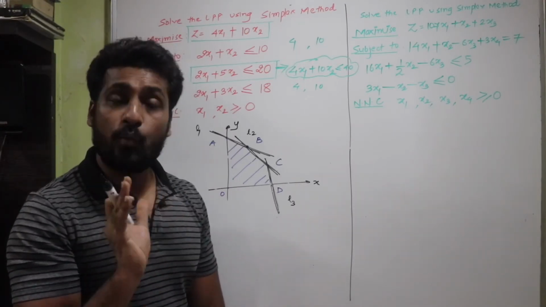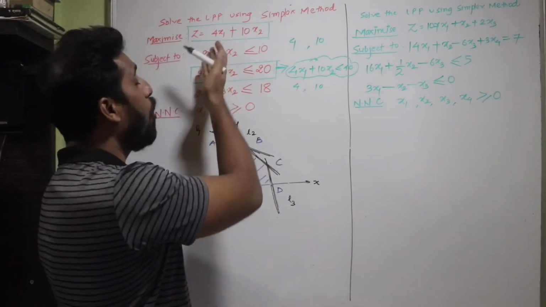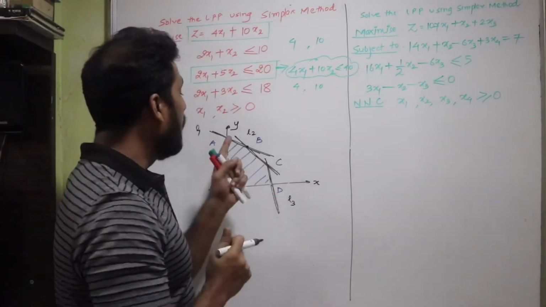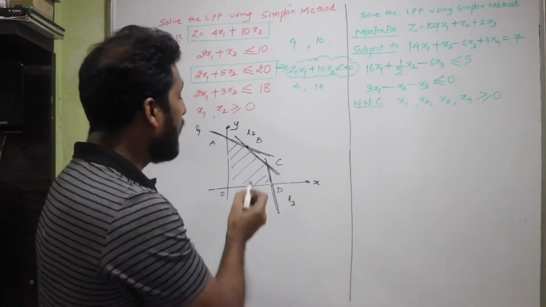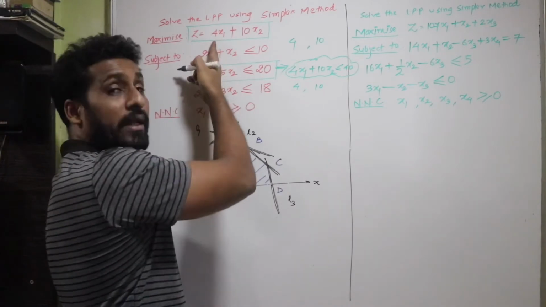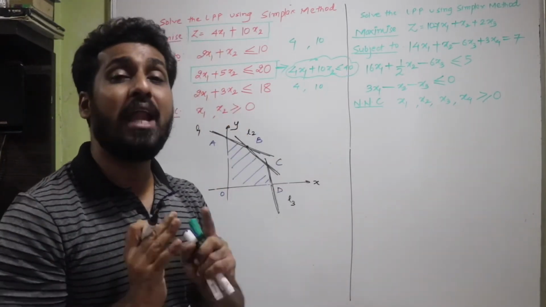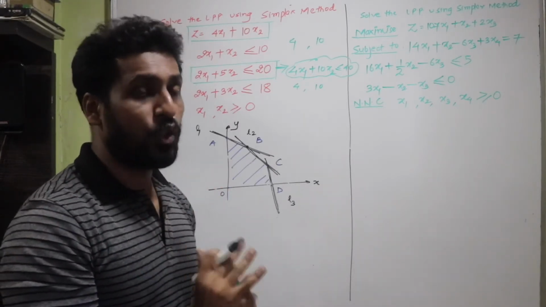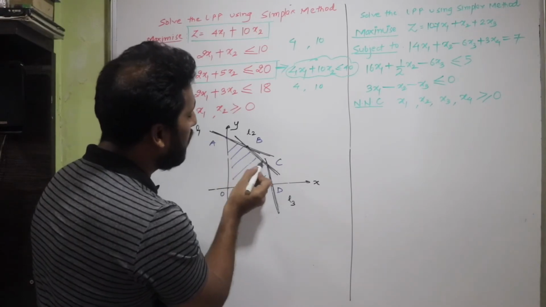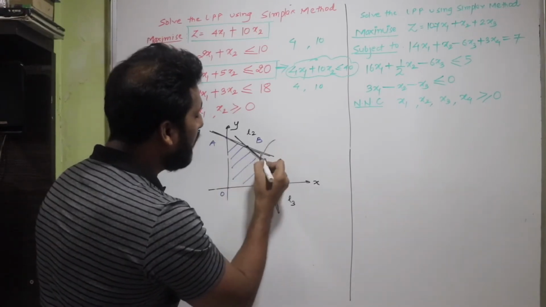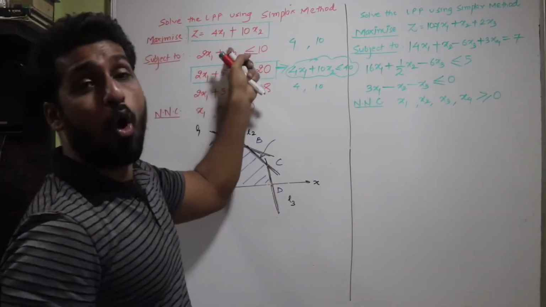Now observe this statement very carefully one more time. If there are 2 or more points which give us the optimum solution, here B and C, then the given linear programming problem will have infinite solutions. That means when you join the points B and C with a straight line, every single point between B and C will give us the optimum solution.